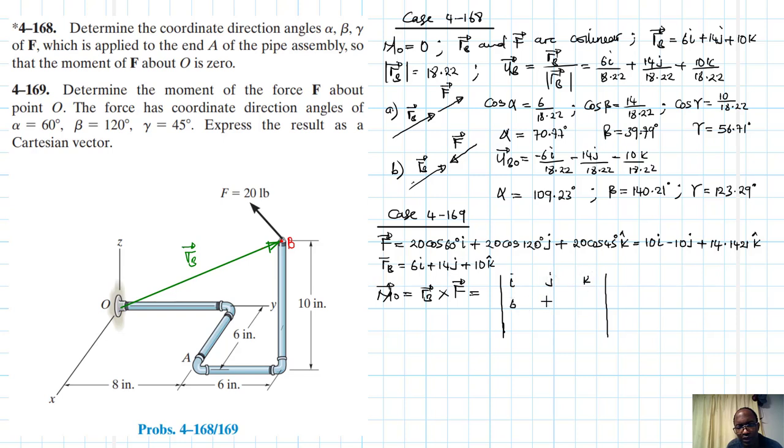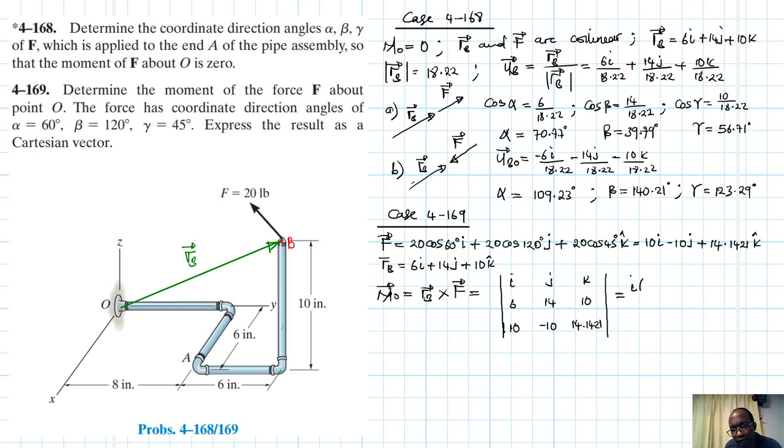We have 6, 14, 10, and at the bottom here, we have 10, minus 10, then 14.1421, that's 20 cos 45.